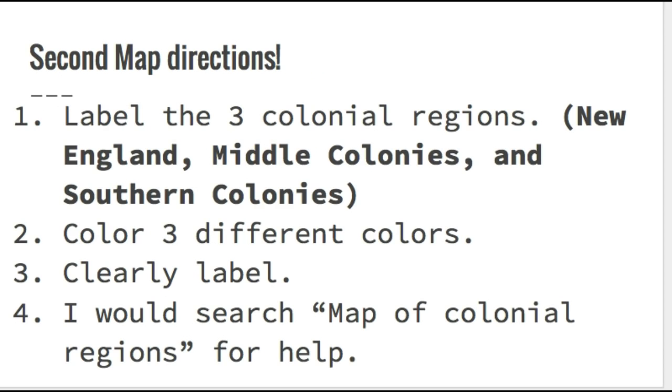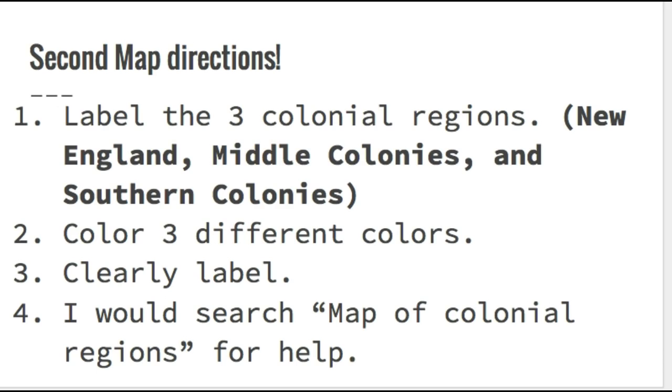All right, your second map. It looks just like your first one. If you would like to cut it like you did the first one, you may. This one, you're going to do a little less labeling though. You're going to label the 3 regions. So regions are like areas. So we live in the region called the Midwest, and that includes Iowa, Nebraska, Kansas. Those are all similar type areas.